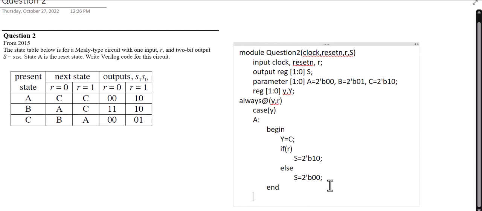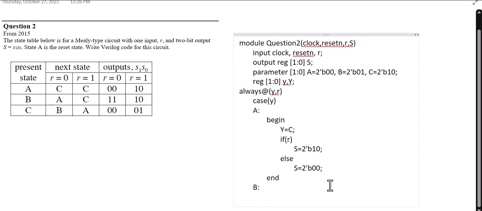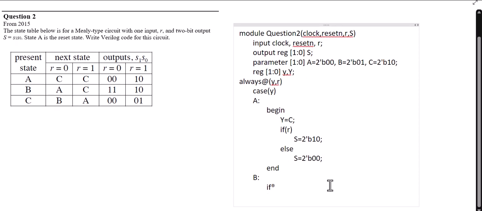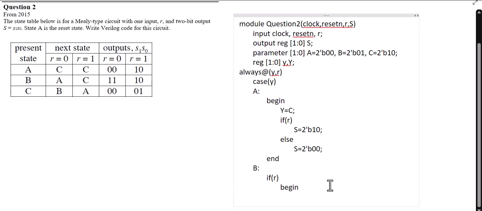All right. Now let's take a look at if we're in state B. Now things are different if R is 0 and R is 1 as to what the next state is. So I can say if R, then I have to have a begin here because I'm going to have two lines, because I have to say both what the next state is and what the output is.